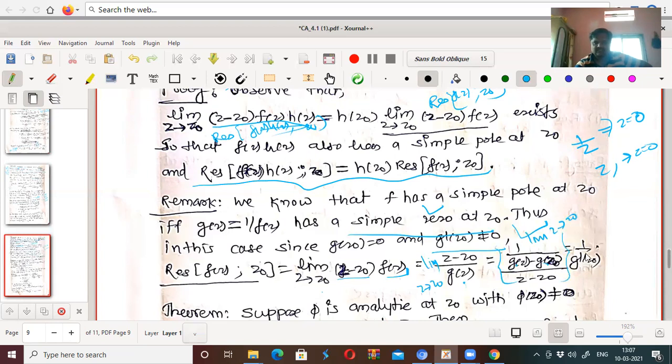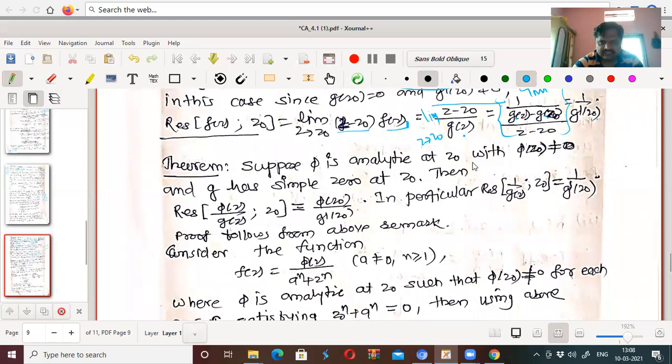Because it is not equal to 0, we get 1 upon g dash at z0. So what we have found here is, if f has a simple pole at z0, then the residue of f of z at z0 is 1 upon g dash at z0, where g of z is 1 upon f of z. So g dash at z0 means find its derivative and put z equal to z0.